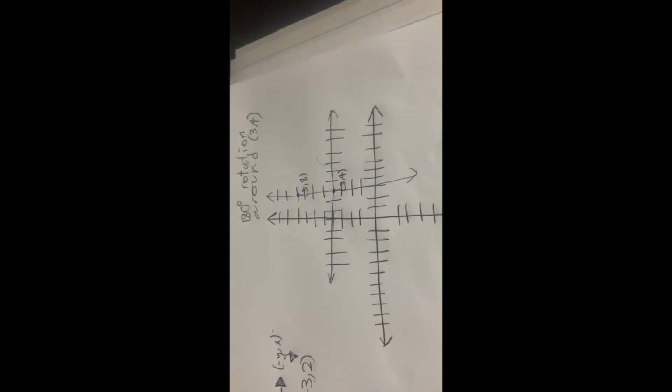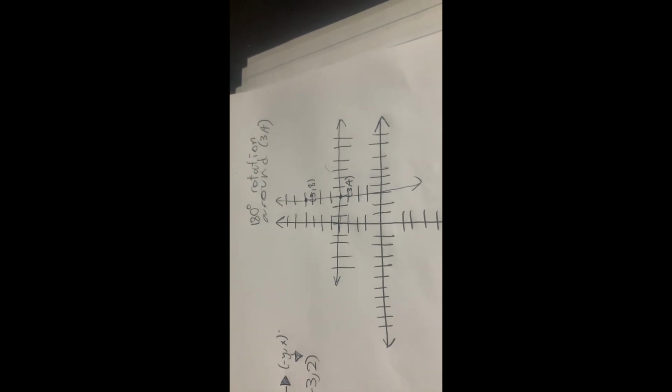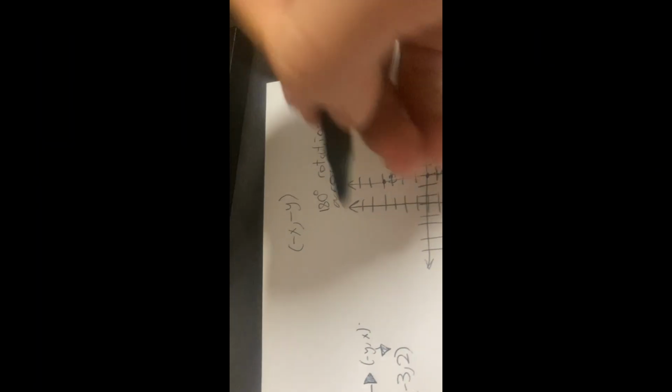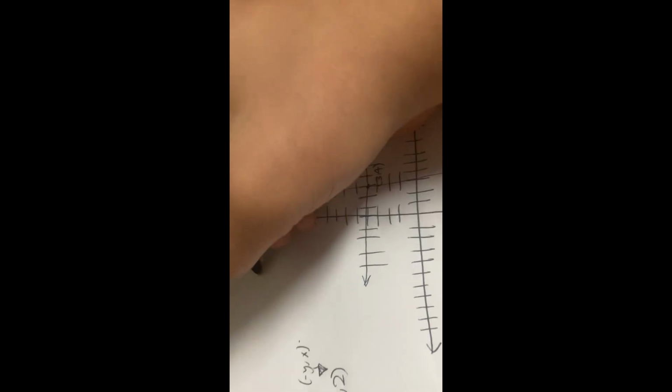So 3, 8 rotated by 180 degrees, we'd have to transform that into negative x, negative y. So instead of 3, 8, it would be negative 3, negative 8.